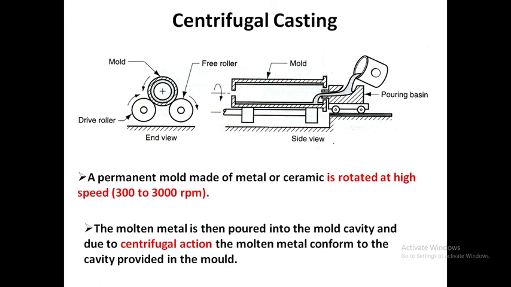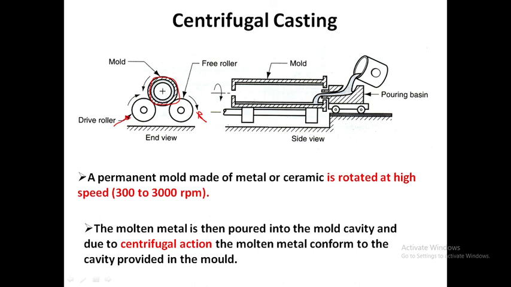In the diagram, here you can see the sectional front view, and this is the side view. Here you can see the mold is present, and on both sides the rollers are there. Here is the driver roller and one free roller. Also, you can see the pouring basin is there.